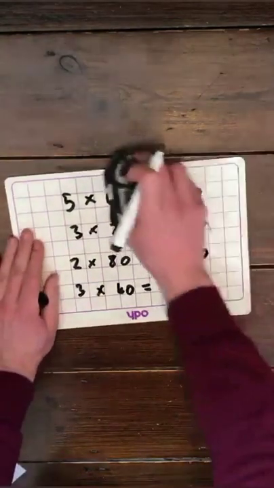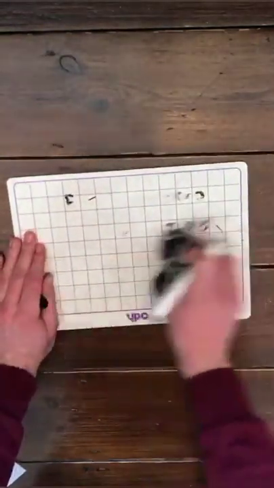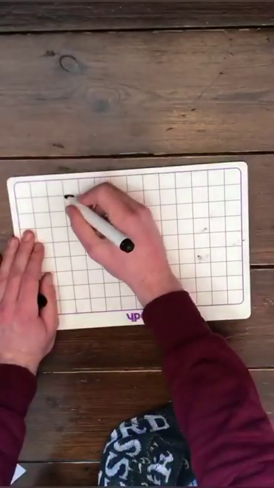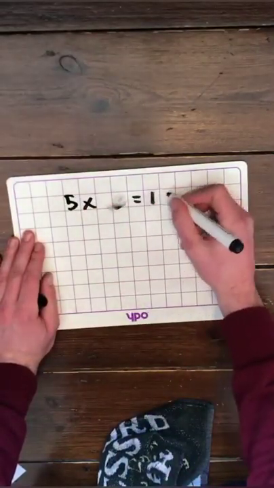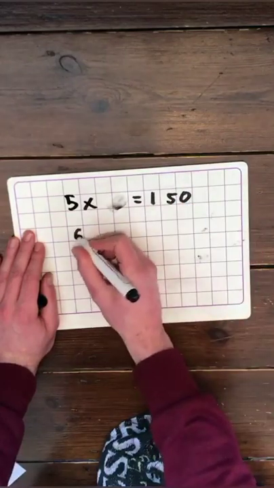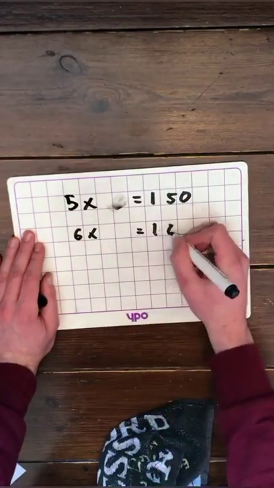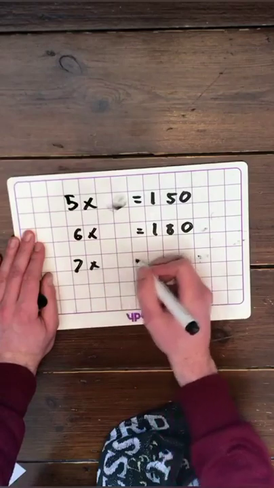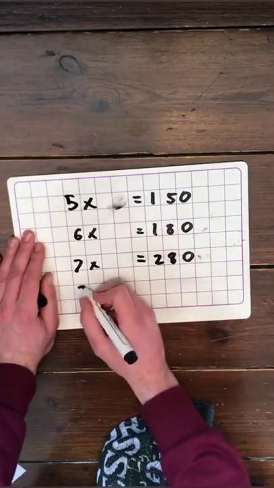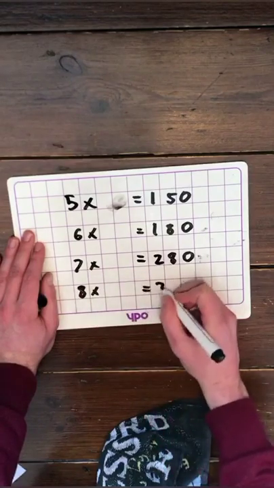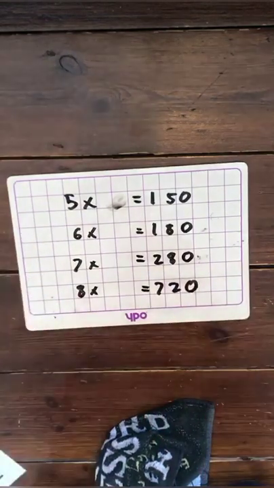Okay, so let's make it more interesting, shall we? So 5 times something equals 150. 6 times something equals 180. 7 times something equals 280. 8 times something equals 720.